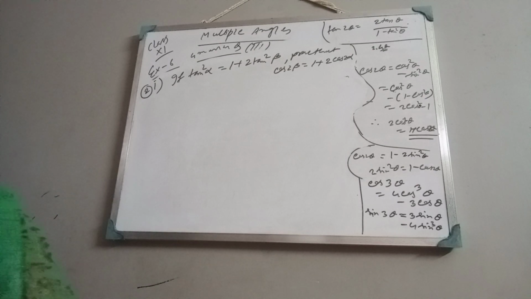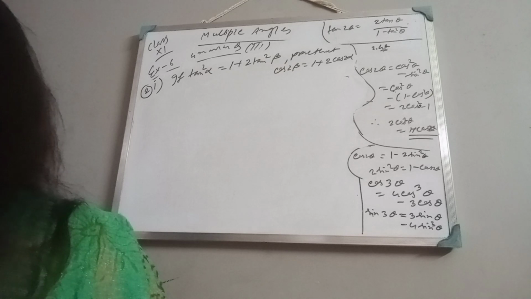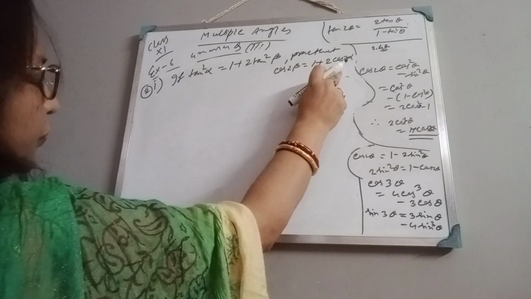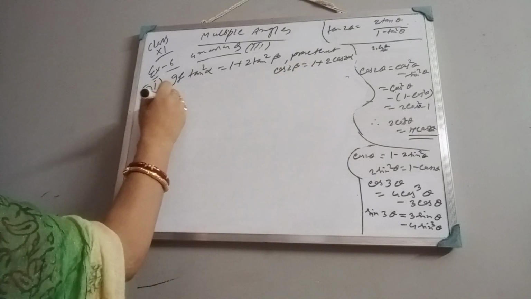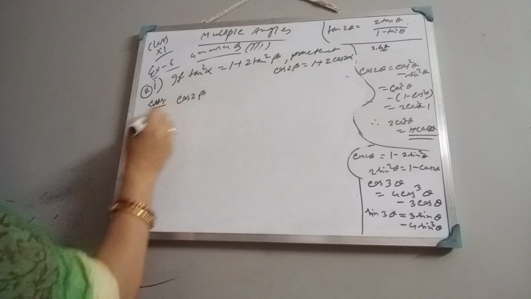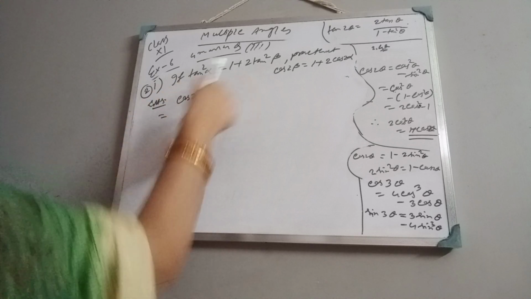Okay. Now tan² α equals 1 plus 2 tan² β. This is given to us and we have to prove cos 2β is equal to 1 plus 2 cos 2α. So we will start from the left hand side. Left hand side is cos 2β only, and the given condition is this.